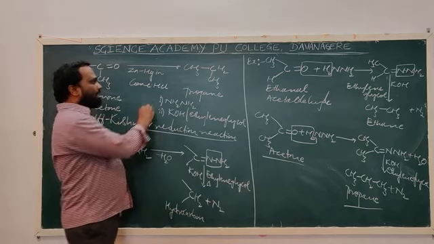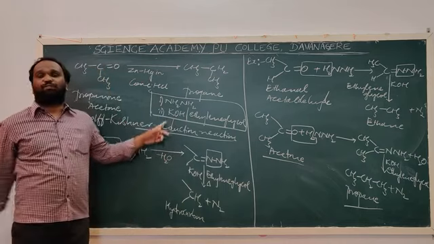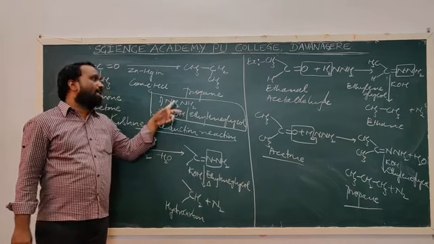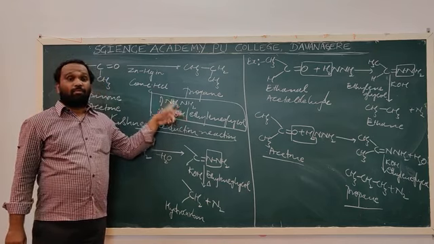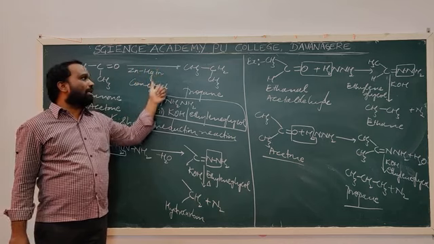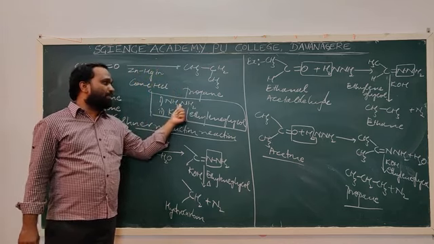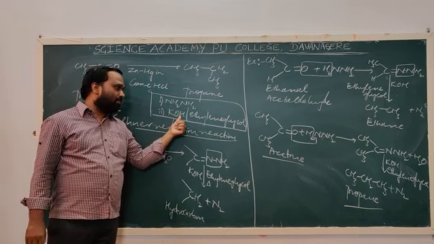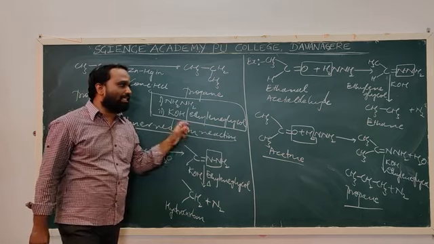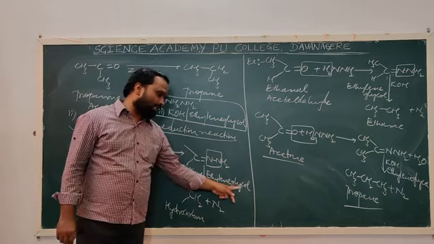So this is the reducing agent used in the Wolff-Kishner reduction reaction. In Clemmensen, we use zinc amalgam in concentrated HCl, whereas in Wolff-Kishner, we use hydrazine and KOH in ethylene glycol. The corresponding hydrazone is heated with KOH and ethylene glycol.